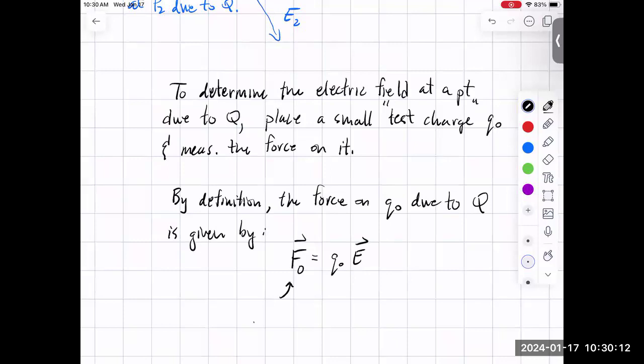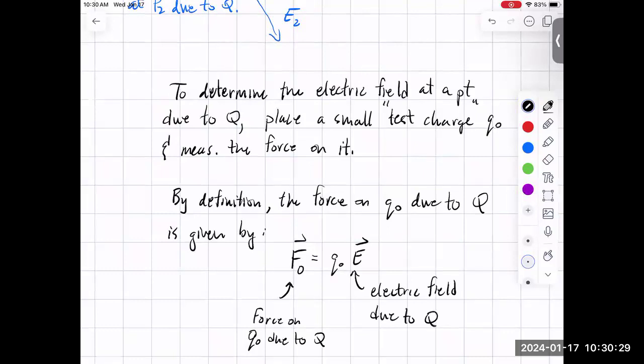Just to be clear, this is the force on Q0 due to Q, and this is the electric field due to capital Q. So what this means is that if I know Q0, if I choose its value, and if I make a measurement of the force, I can just take that force divided by Q0, and that tells me what the electric field is.